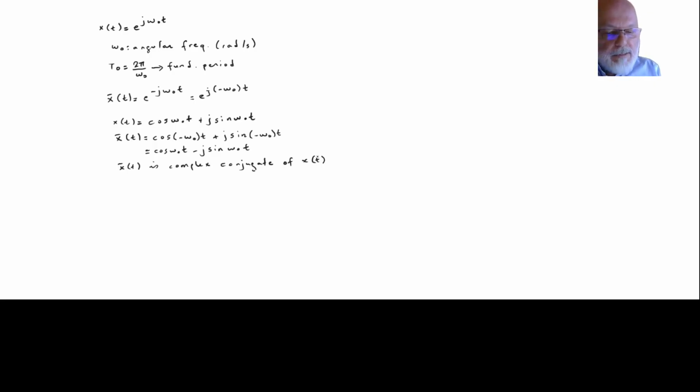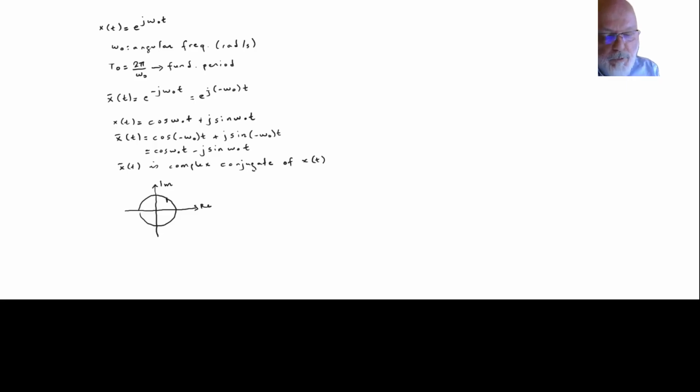Now let us remember the visualization of the complex exponential signal on the complex plane. Now if we have x of t, it takes values on the unit circle. So this is the real axis and this is the imaginary axis.